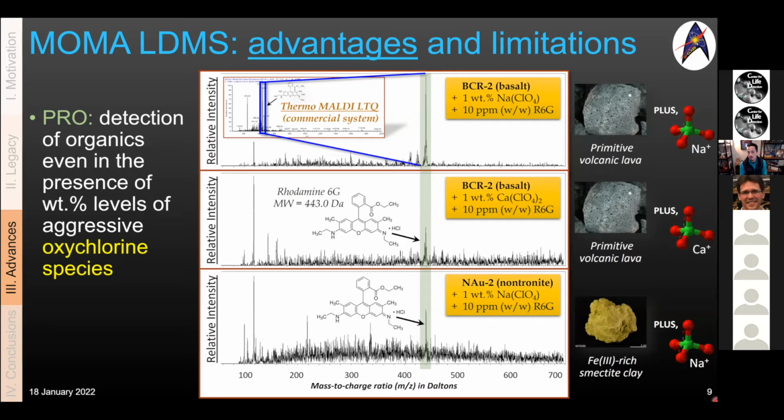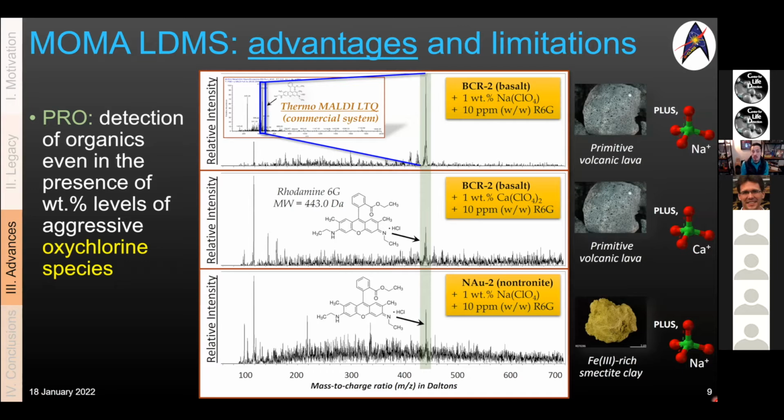If you're a Mars aficionado, you may know that the surface of the red planet is kind of littered with perchlorates, which complicate the detection of organics from pyrolysis. If you pyrolyze something that's got a lot of oxychlorine species in it, you tend to combust the organics down to something like CO2.